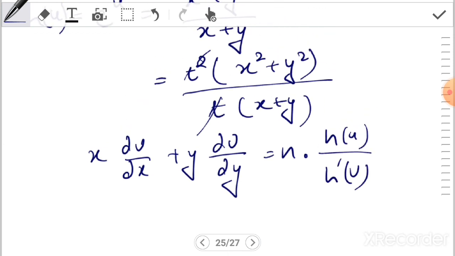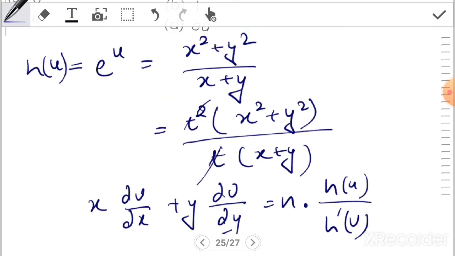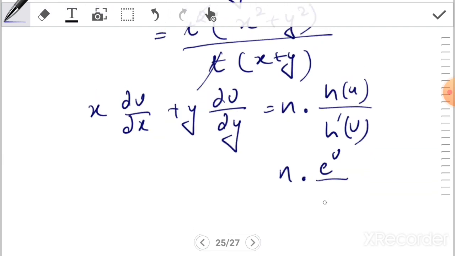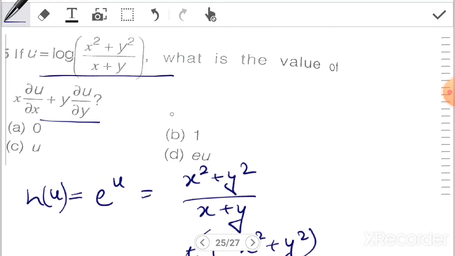Yes, so n is 1 here and h(u) is nothing but e raised to the power u, and h'(u) is again e raised to the power u. So the answer is 1 here. Okay, so 1 is the right answer.